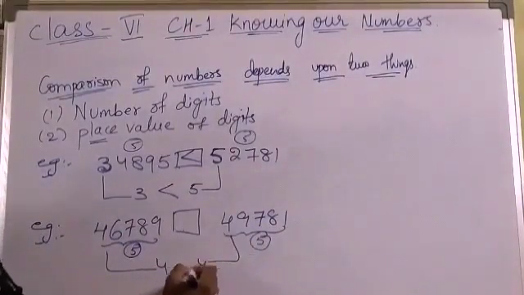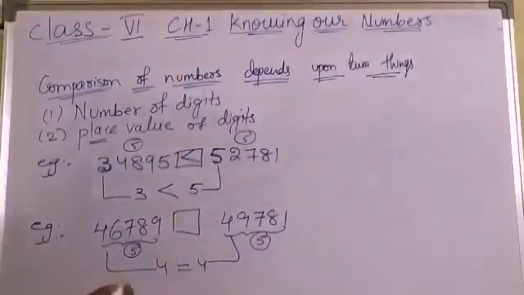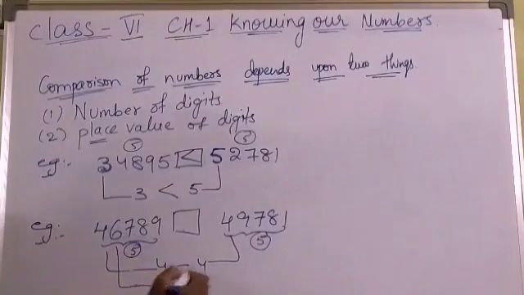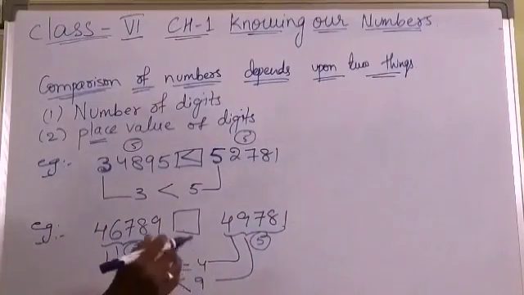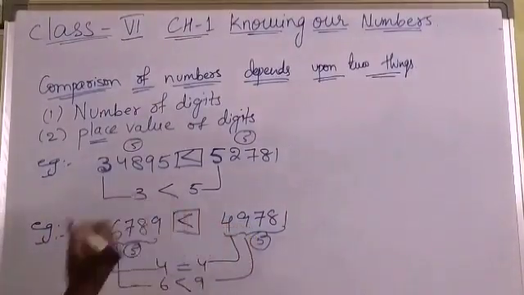What is the value here? 4. And they are equal. Is it clear? Then compare the next place value. What is here? 6. Here what is there? 9. Which is greater? 9 is greater. So the number having the greater digit is greater. Is it clear, everyone? So which is the greater one? This is the greater one.